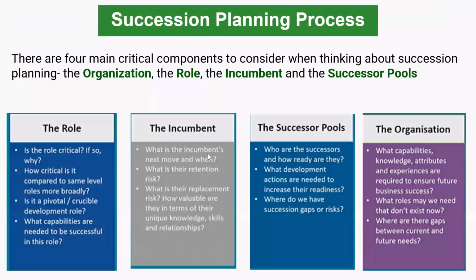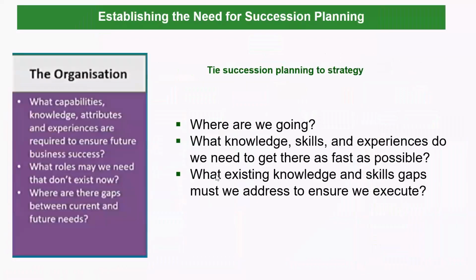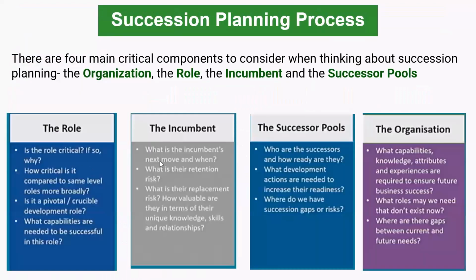Then the number two is the incumbent, or the talent, the people that you have in place. Before you begin to think around the role, let's talk about the role.